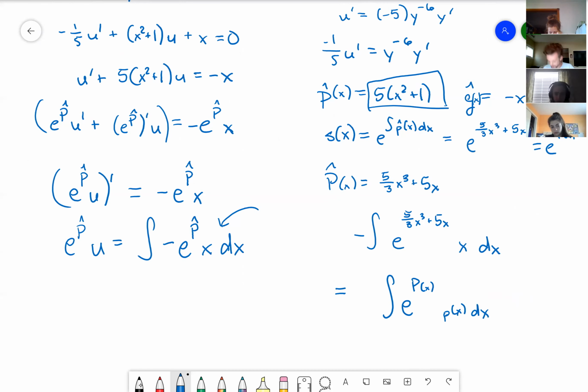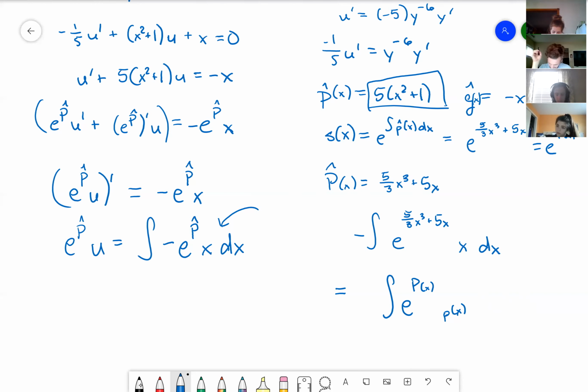That would be easy to integrate. Unfortunately, we don't have that. We have little p of x being 5x squared plus 5. This would have been a lot easier.